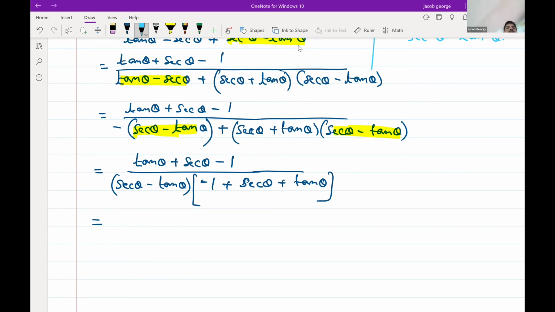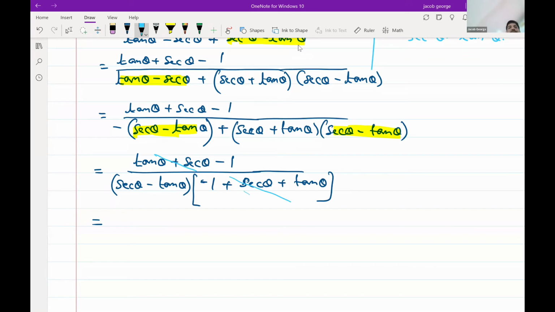Now look at these two terms, numerator and denominator. Here it is tan theta plus sec theta minus 1. This also says tan theta plus sec theta minus 1. So can we cut these two terms? Yes, we can cancel out these two terms because both are tan theta plus sec theta minus 1.